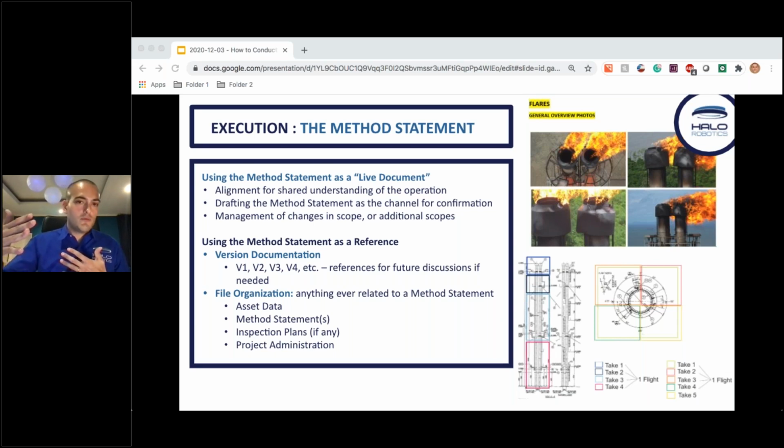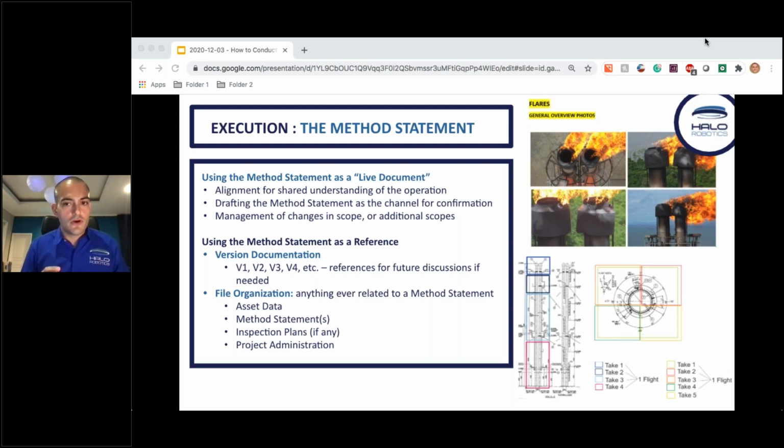What will typically happen is the asset owner or the users from that company will have an interest in using the drones as part of their inspection plan. Then we start to bounce around drafts of the method statement, which confirm an alignment of understanding, and a scope of work that everybody mutually understands will be done. So it's very, very important in terms of alignment.